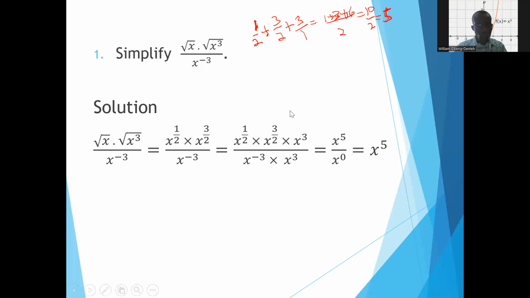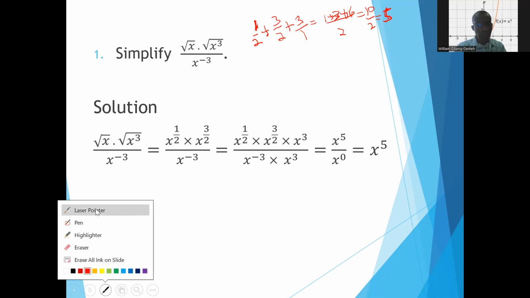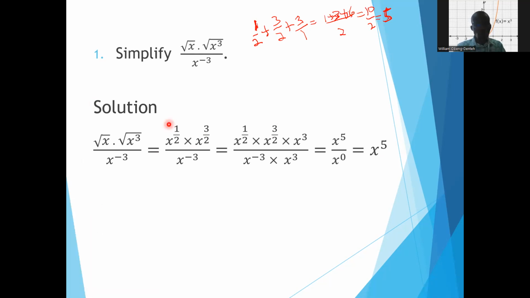Very important. Okay, so right away, we've seen that when we add them, so half plus 3 on 2 plus 3 on 1, the LCM will be 2. So 2 divides 2, 1. 1 times 1 gives us 1. 2 divides 2, 1. 1 times 3 gives us 3.